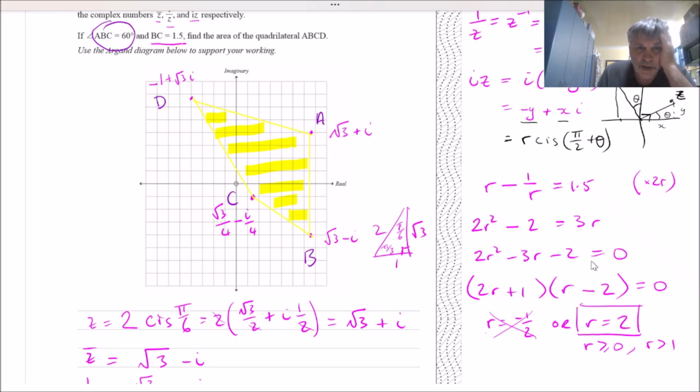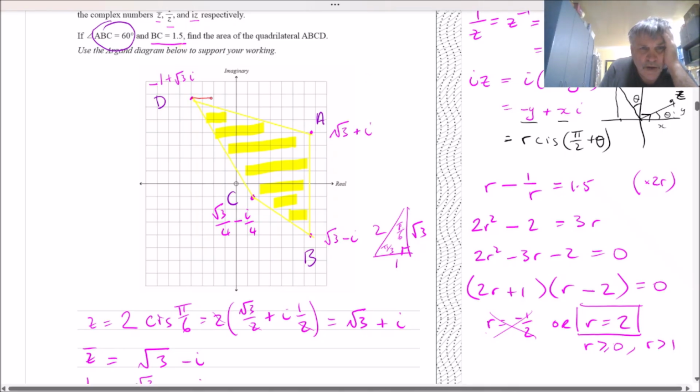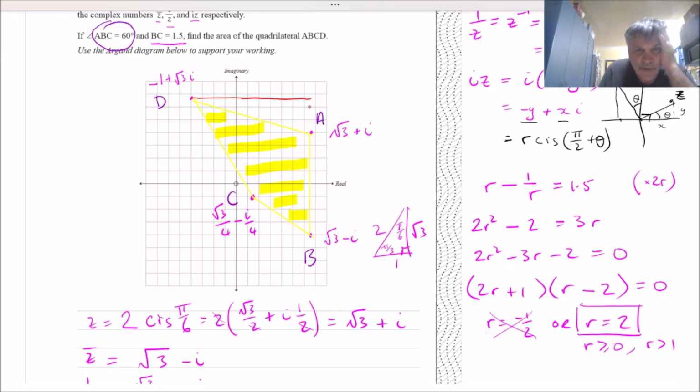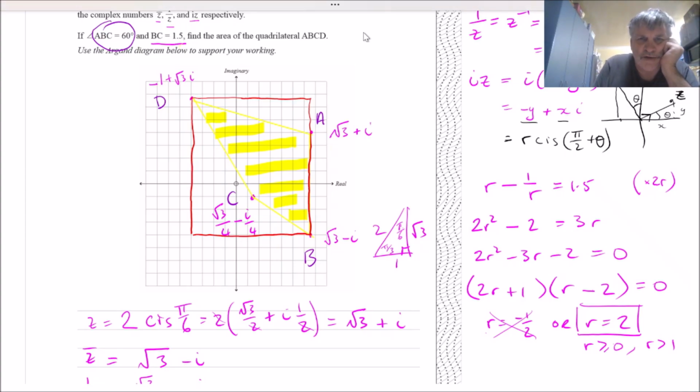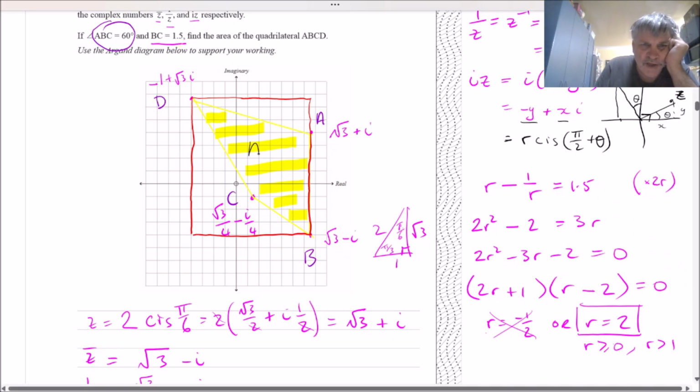And I think that the best way to do that is to draw what looks like a rectangle, but it's actually a square all of the way around. This region, and then we can calculate the area here that we want.